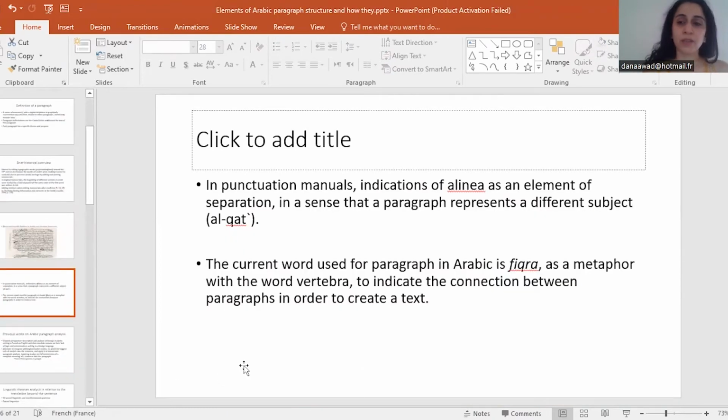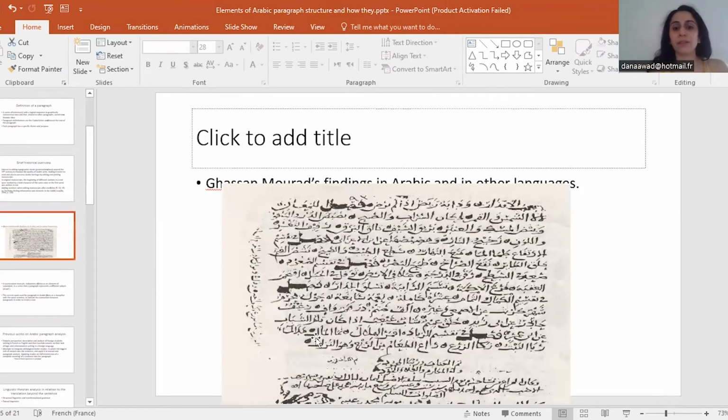As for punctuation manuals, Arabic punctuation manuals at the time, the indications of the alinea as an element of separation. So the paragraph here, for example, preceded punctuation. And also the concept of separate elements of discourse preceded punctuation.